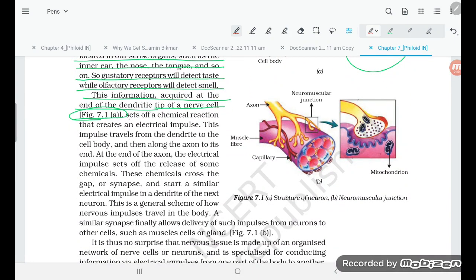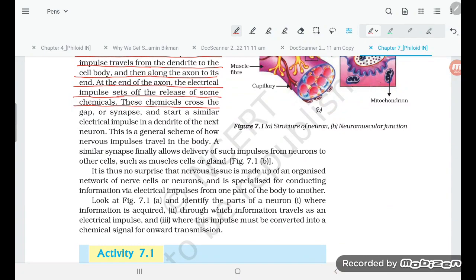Now, a set of chemical reactions creates an electrical impulse. This impulse travels from the dendrite to the cell body and then along the axon to its end. At the end of the axon, the electrical impulse sets off the release of some chemicals. These chemicals cross the gap, the synapse, and start a similar electrical impulse in a dendrite of the next neuron.